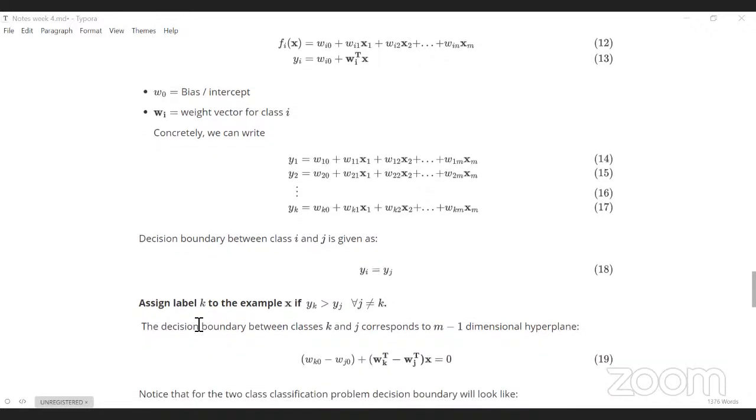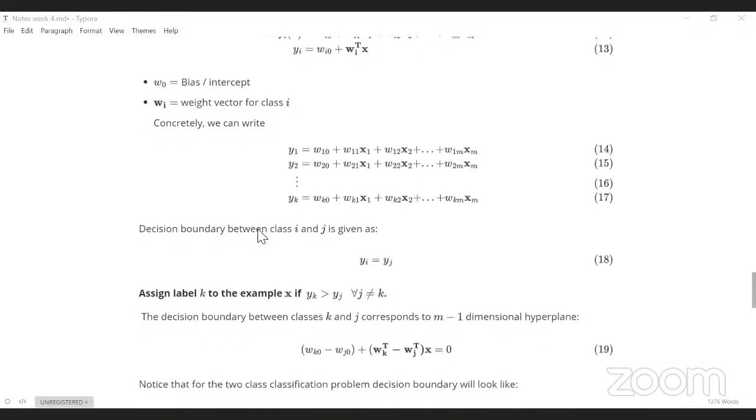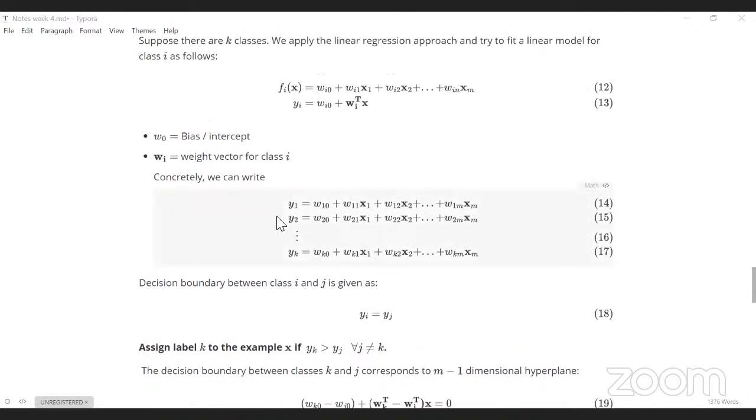One more thing here is the decision surface, the surface that is going to separate different classes. The decision surface for class i and class j is going to be yi equal to yj. Let's say for the decision surface that separates class 2 and class 3, it is y2 equal to y3. That is the difference of these two, W20 minus W30 plus W21 minus W31 times x1, up to W2m minus W3m times xm, equal to 0.